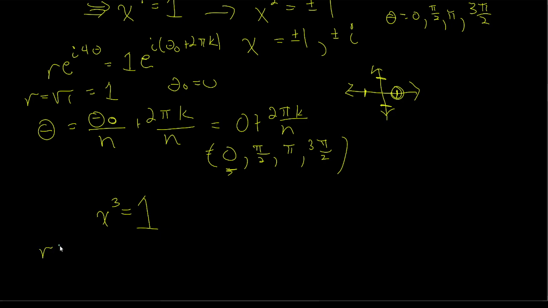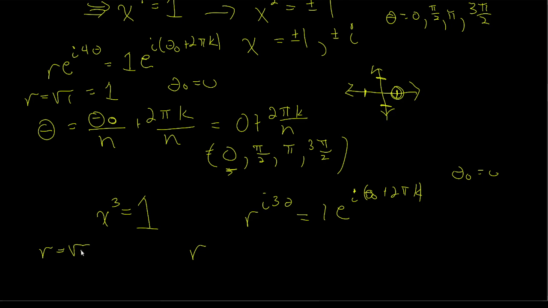And so if we do that, if we put this into polar form, then my right-hand side is r e to the 3 theta equals, and 1 is 1 e to the i theta naught plus 2 pi k, where theta naught is still 0.